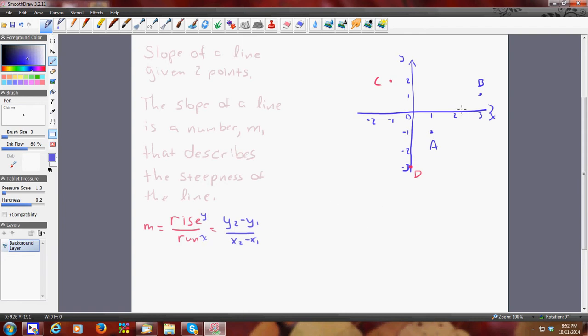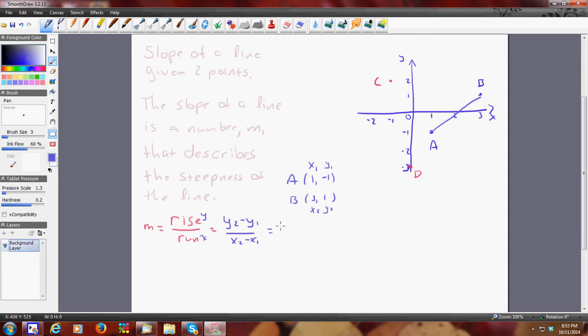Alright, so if I look at AB, A has the coordinates 1, negative 1, and B has the coordinates 3, 1. So these are my x values and my y values. I'll say B is my second point and A is my first point.